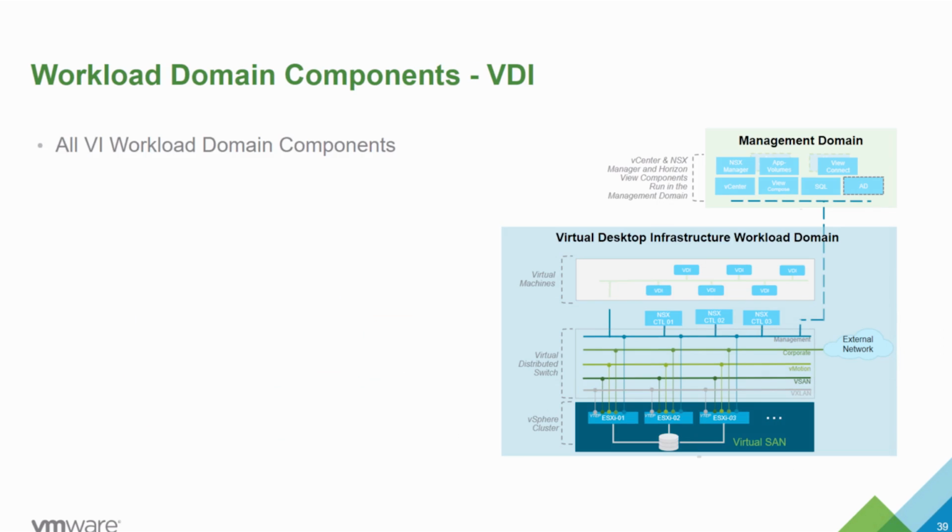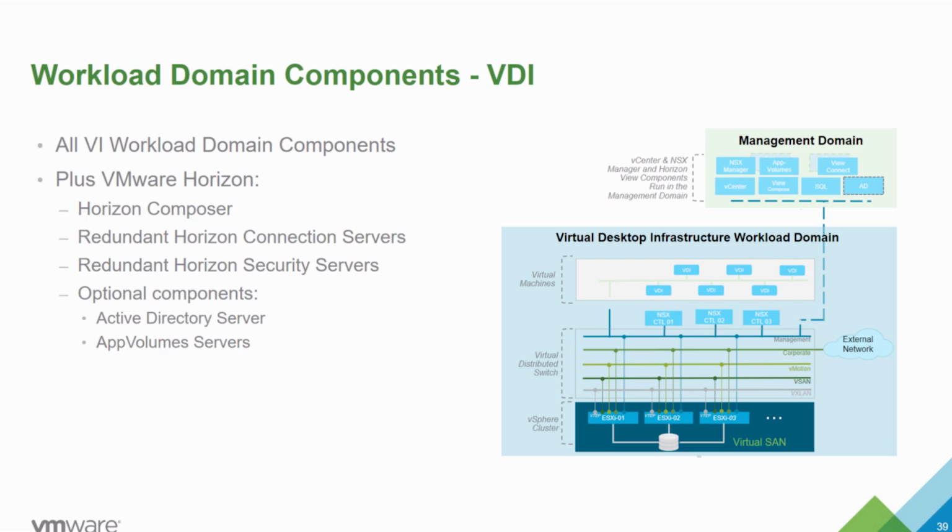And off you go. So when we deploy the VDI workload domain, you get all the same stuff as in the VI workload domain. Then we add Horizon. So that's Horizon Composer, redundant connection servers, redundant security servers.